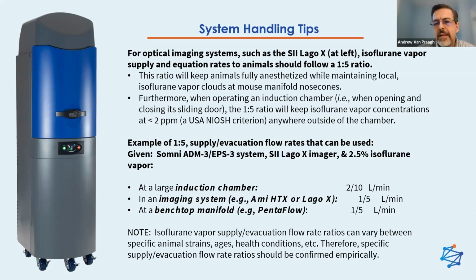This also has the very important function in the induction chamber of keeping any kind of investigator exposure to less than the USA NIOSH criterion of 2 parts per million at max.